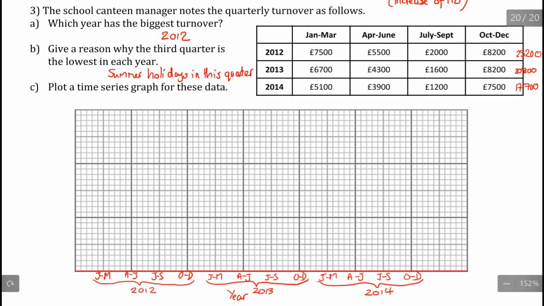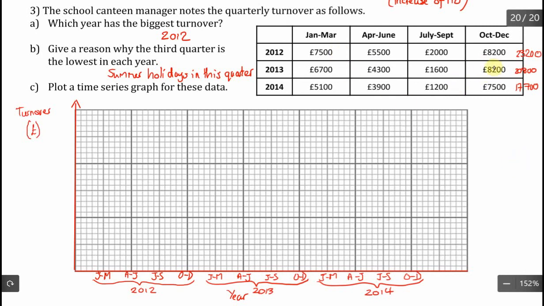And on the vertical axis, we're going to have turnover, and turnover just means money received, by the way. Okay, and what's the biggest number we need to go up to there? 7,500.